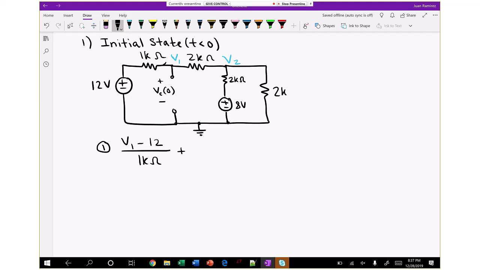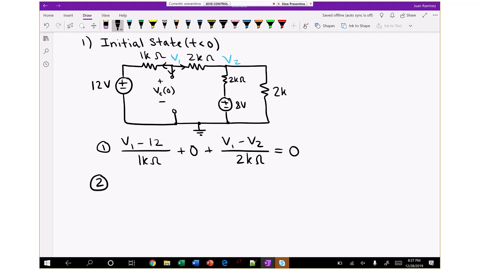So we just did this one on into the 12 volt source. The current leaving into the open circuit is 0. Because that's the definition of an open circuit, no current. And then the current leaving through the 2 k ohm resistor will be V1 minus V2 over 2 k ohms. And that's equal to 0.